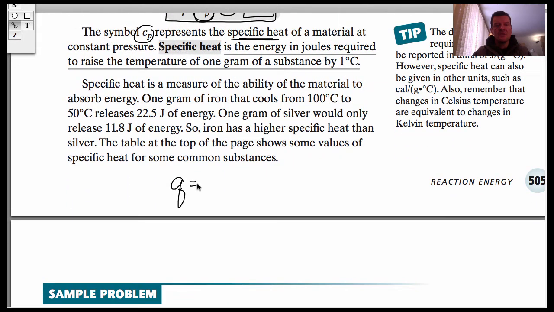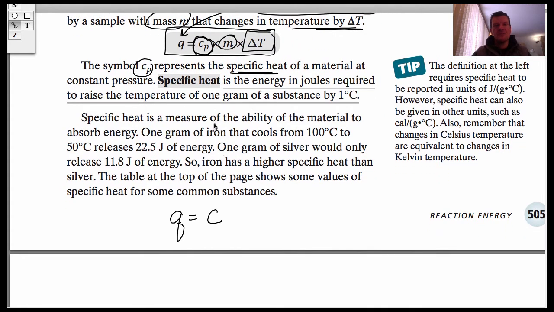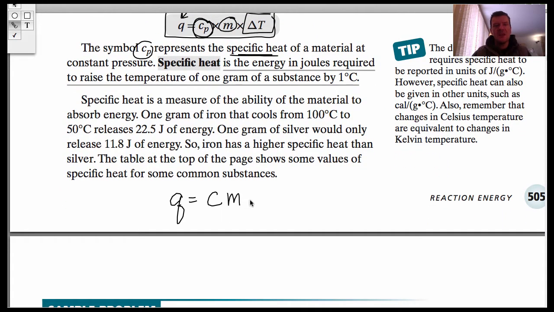All right? So this formula right here, I'm going to write it again. Q equals, and I'm just going to put a C there. I don't need a C sub P, but you understand. Q equals C M delta T. Now I might refer to this as Q equals C m a t. See this delta here kind of looks like an A to me, so sometimes I just say C mat. Or this C might be an S. Sometimes they use S for specific heat, so I might say S mat.